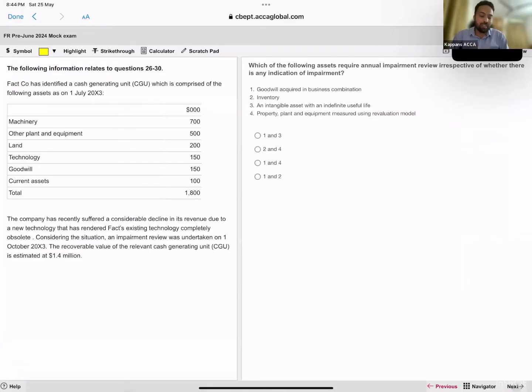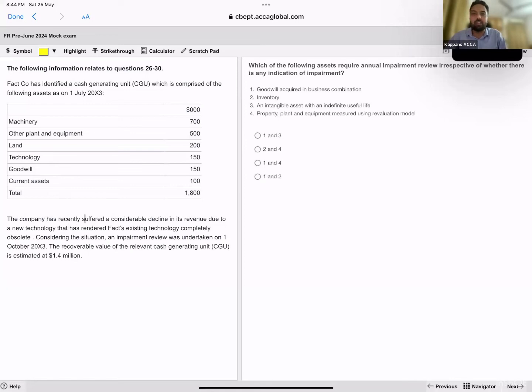Now, this is the last scenario. The following information relates to questions number 26 to 30. Facto has identified a cash generating unit which consists of the following assets on 1st July X3: machinery, other plant and equipment, land, technology, goodwill, current assets, and total carrying amount is 1,800.